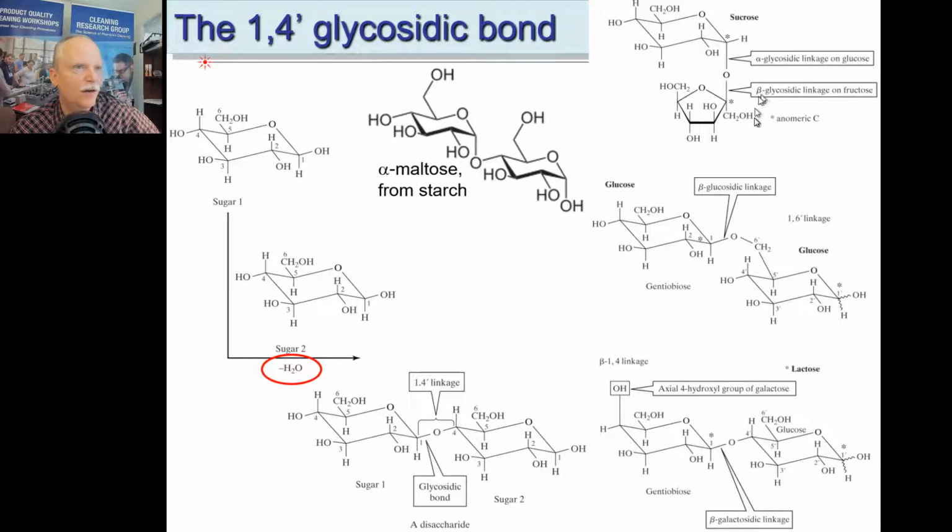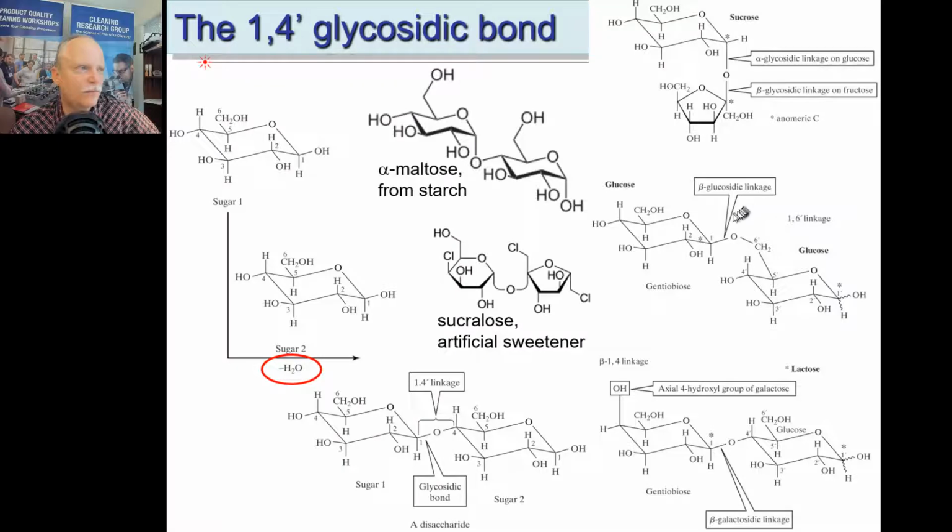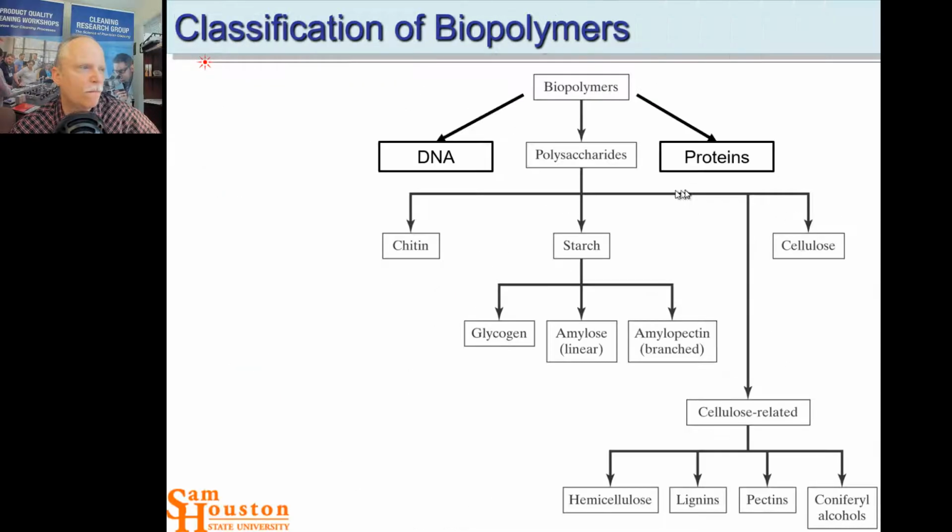Up here, if it's in the axial position and so on, you'll have a different kind of linkage. And so this is all of the different variety of polymers that we see from the polysaccharides. We have starches, which is how we store energy.